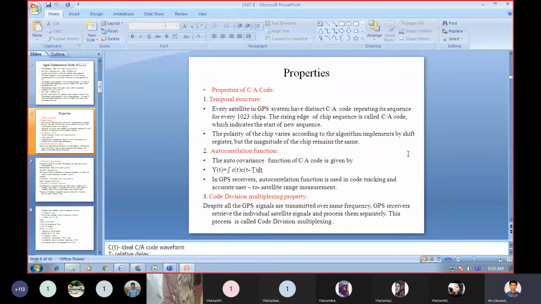GPS receivers retrieve the individual satellite signals and process them separately. This process is called code division multiplexing.